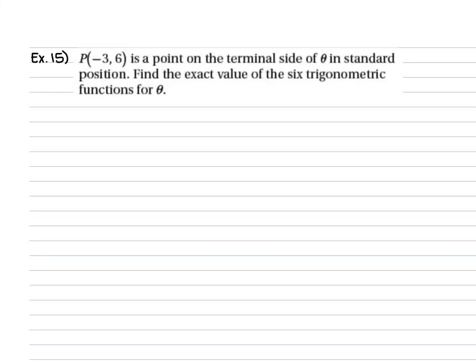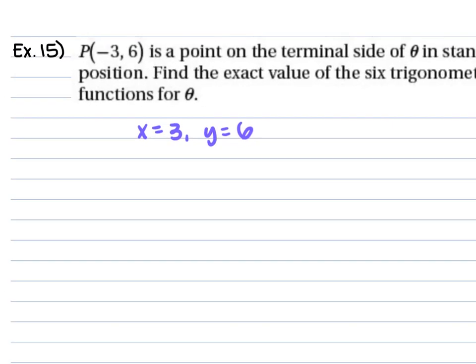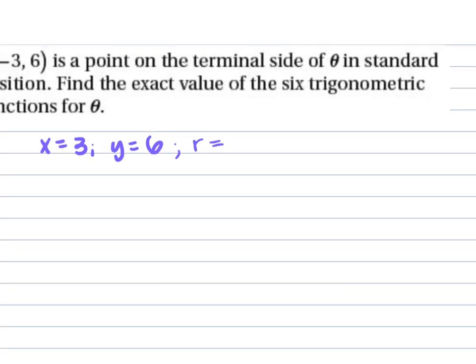For our last one, we have P is negative 3, 6. So our x is going to be negative 3, our y is going to be 6. We have to find the 6 trigonometric functions for this. So first, find what r is. R is the same thing that you would find for c. So 3 squared plus 6 squared is going to be r squared. 3 squared is 9.